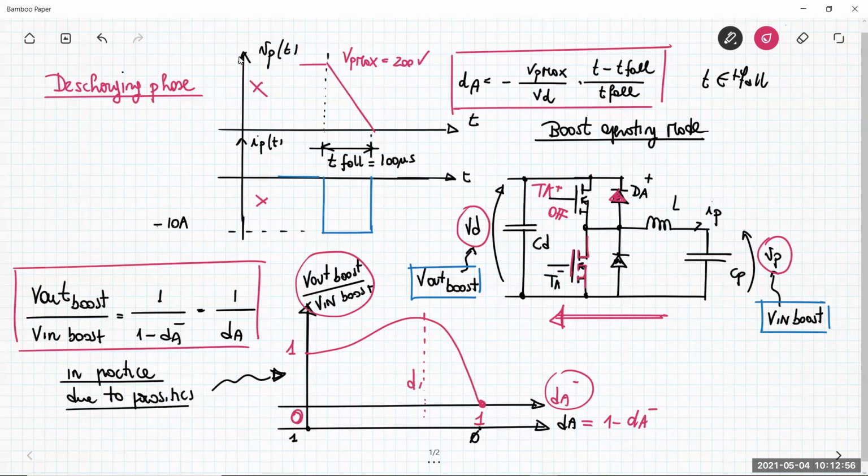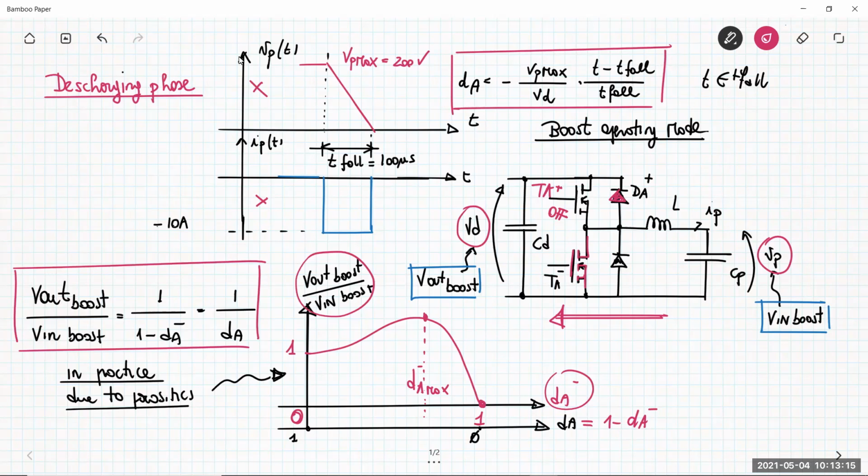Let me put here dA minus maximum. From this point on, the ratio is no more such that V out is higher than V in, so we are no more in boost operating mode. It is reducing.